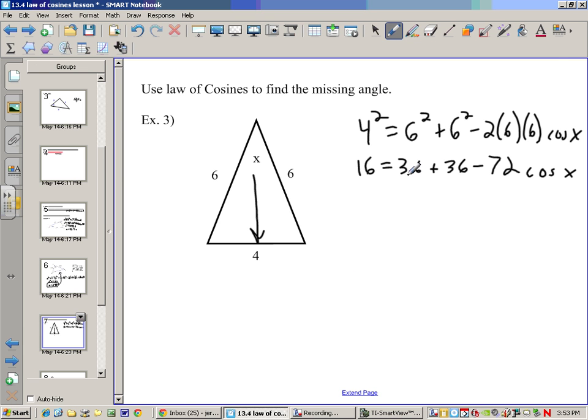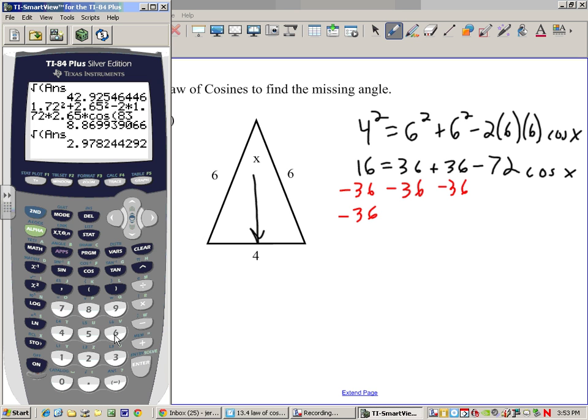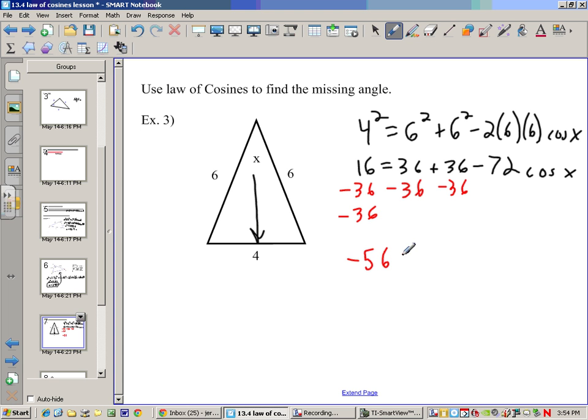So now we have to subtract 36 from both sides, actually twice. So 16 minus 36 minus 36 will get us to negative 56 is equal to negative 72 cosine of x. Now notice how you can subtract these, but you can't subtract this because this is multiplied to the cosine x.